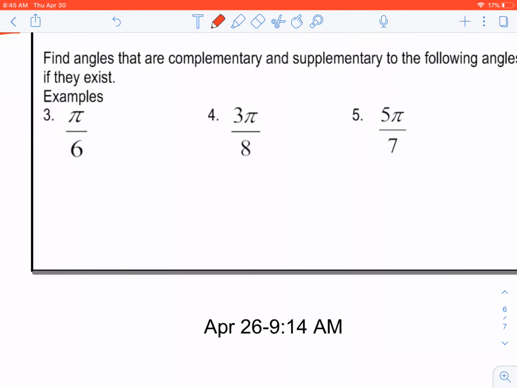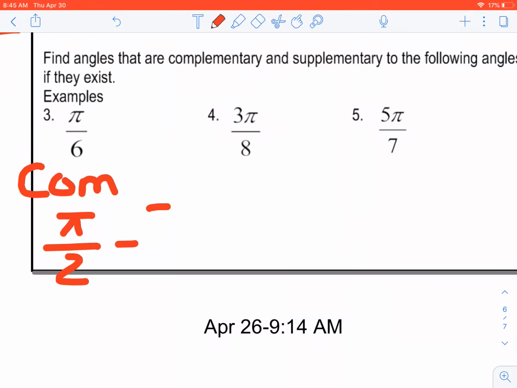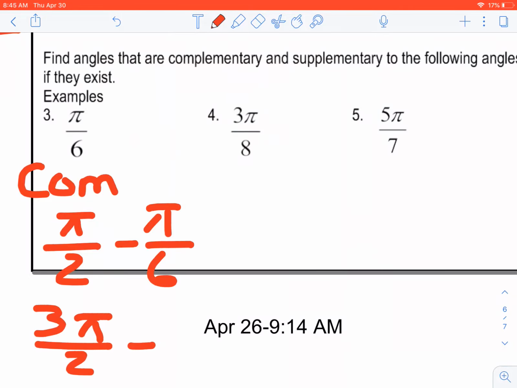So let's look at pi over 6. The complementary angle for pi over 6, how I would find that would be pi over 2 minus pi over 6. I have to get a common denominator, so I'm going to get 3 pi over 6 minus pi over 6.